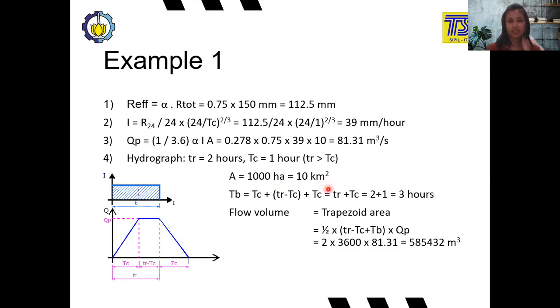And here we have to calculate the volume of the flow using the area of this hydrograph. So here we have trapezoid hydrograph.